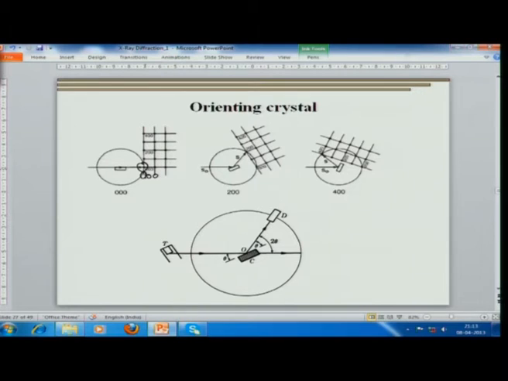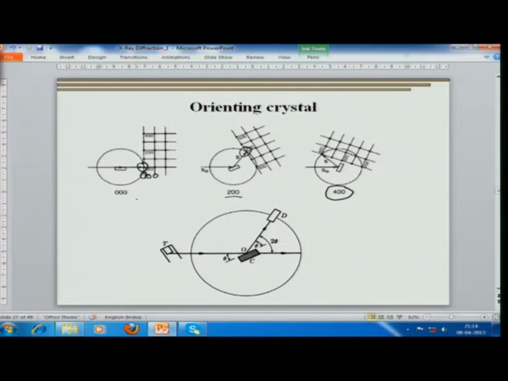However, once you tilt the sample, you do have the 2 0 0 point of the reciprocal space lying on the Ewald sphere, and we do get diffraction. Similarly, the crystal can be reoriented so that we do get diffraction from the 4 0 0 reflection. I hope you can appreciate that by changing the orientation of the crystal, we can change the orientation of the reciprocal lattice that is associated with it and get diffraction.